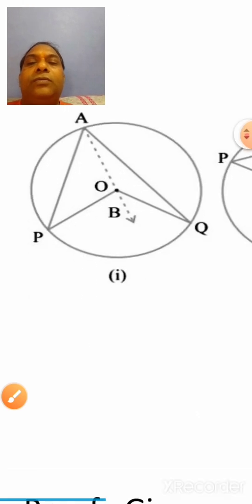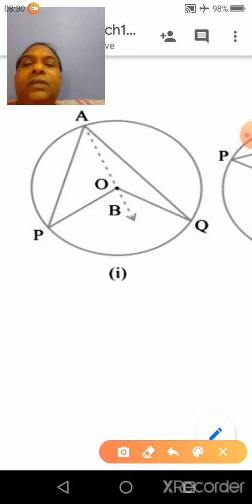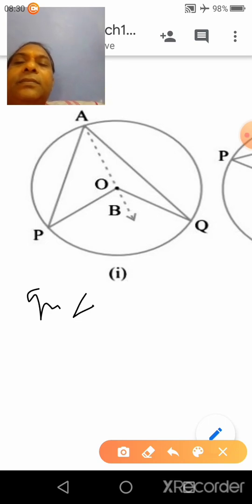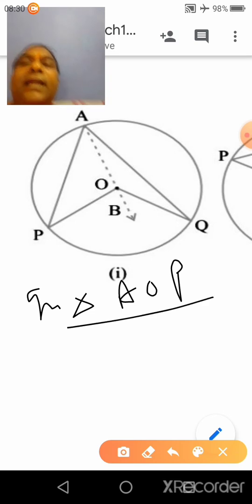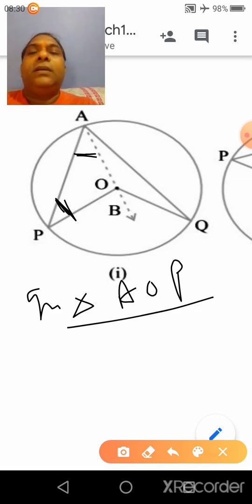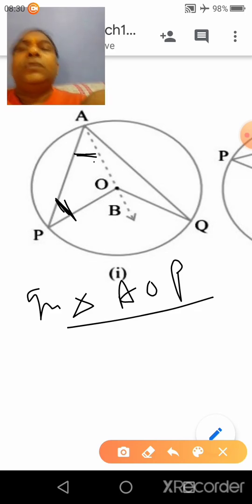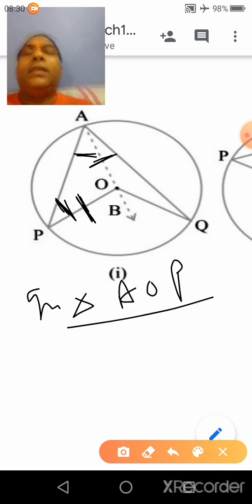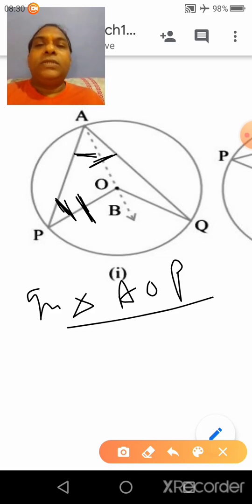Now see, you can prove it in triangle AOP. In triangle AOP, angle OAP will be equal to angle OPA, because OA is equal to OP, and we know that angles opposite to equal sides are equal.